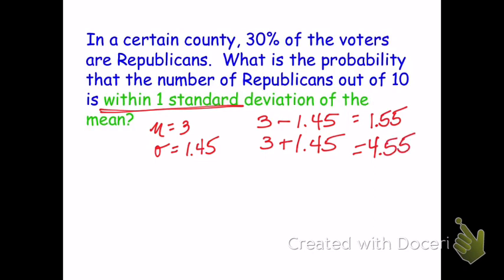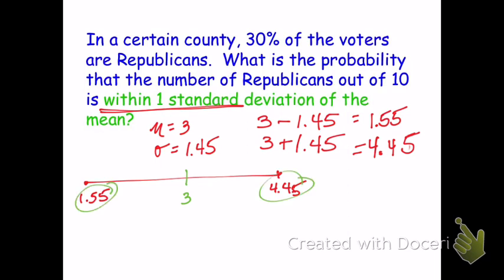But what's something that you know about decimals? You can't have decimals when you're doing binom PDF or CDFs. They always have to be whole numbers. So if I had this on a number line like this, 1.55, 4.45, and I've got my 3 in the middle, you will always take your outside bounds and you will round inward.